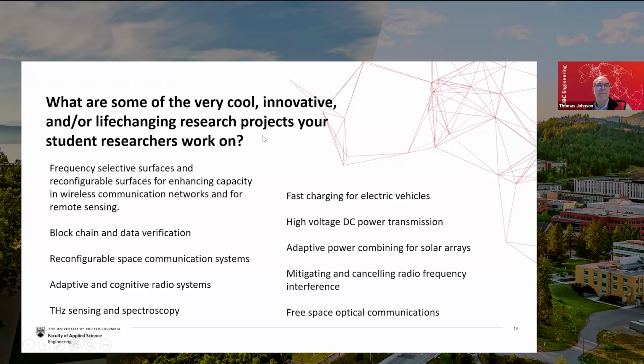And in terms of some very cool and innovative or life-changing research projects, UBC is a research-intensive university. Many of the professors that you'd be having classes with have their research programs.